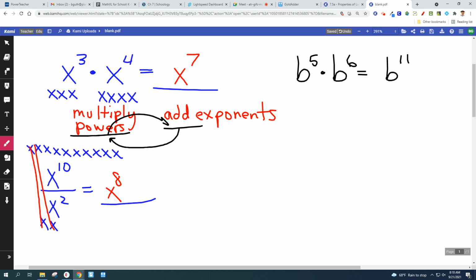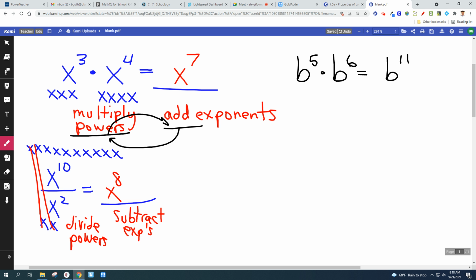So there's some kind of link: when we divide powers, we subtract the exponents. That's very similar to the rule above, where we multiply, we add; we divide, we subtract.